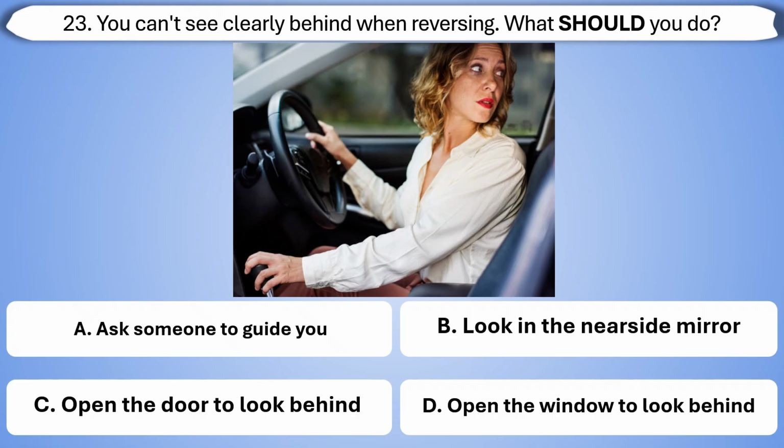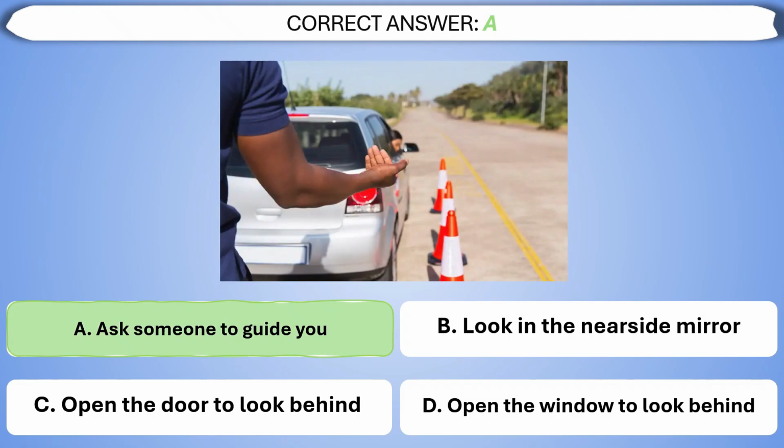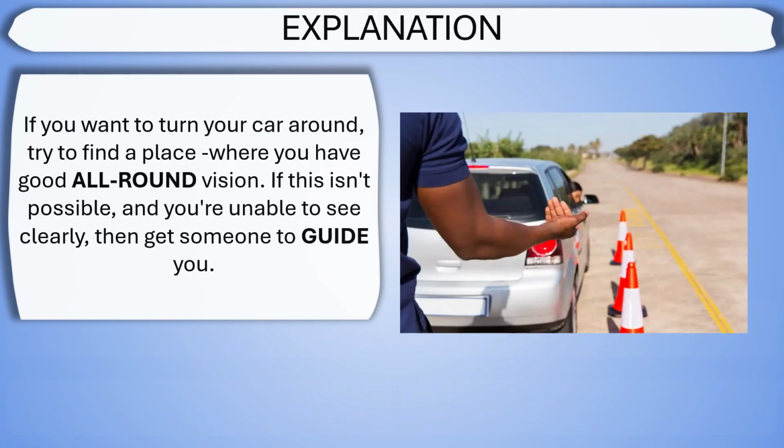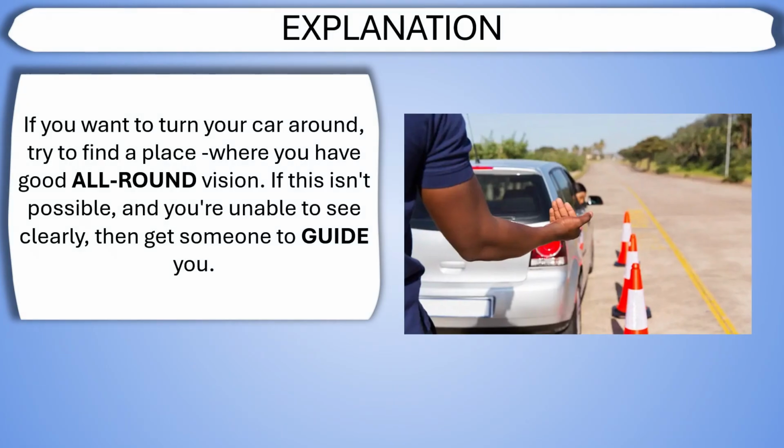The correct answer is A. Ask someone to guide you. Explanation. If you want to turn your car around, try to find a place where you have good all-around vision. If this isn't possible and you are unable to see clearly, then get someone to guide you.